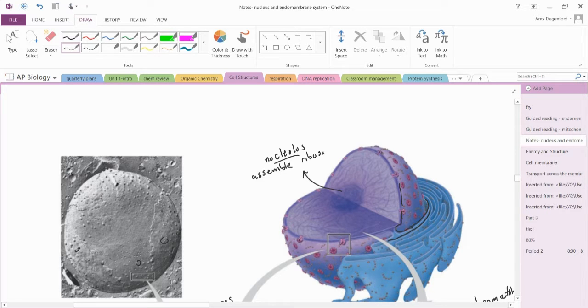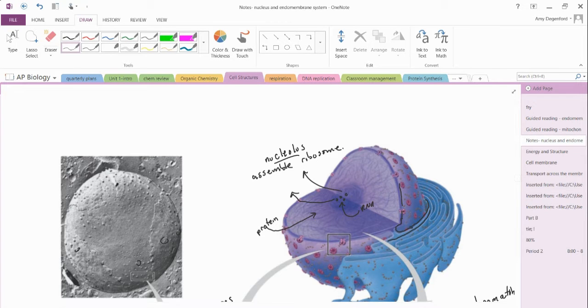So the proteins that are needed to make the ribosomes are going to come in from the cytoplasm, and then the RNA is made by using instructions from the DNA. Both of these come together in the nucleolus, and the nucleolus assembles these ribosomes, which then go back out to the cytoplasm. And that becomes really important.